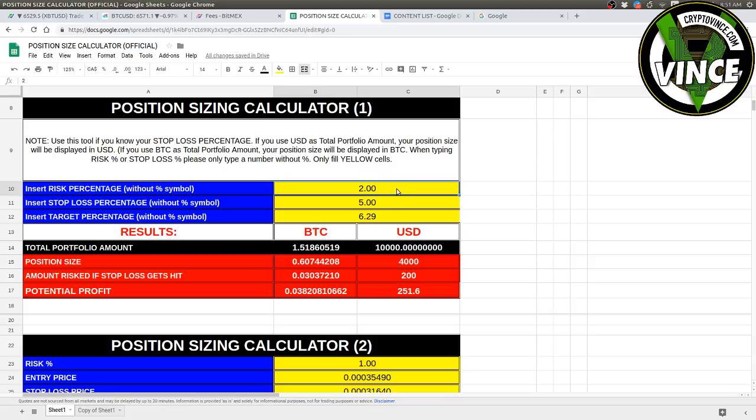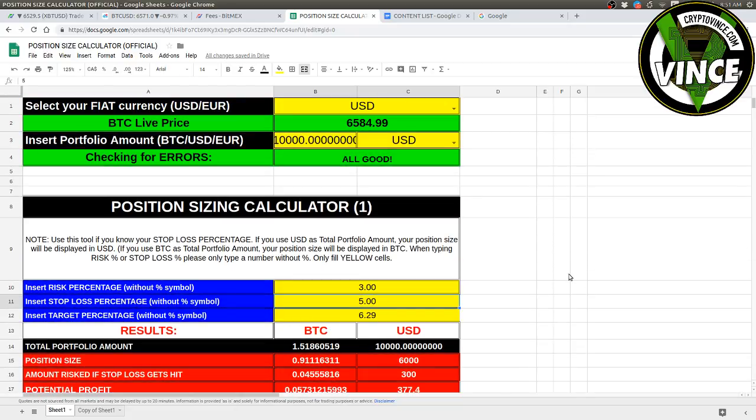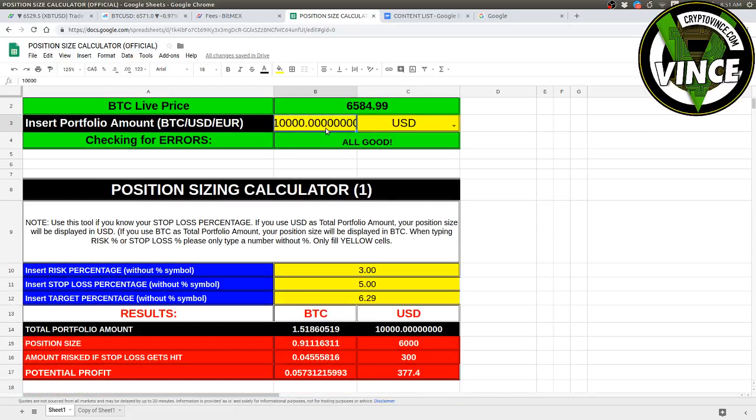You guys can put even a risk of 3% with a stop loss of 5%. Look at this. This is pretty cool to see. My total portfolio is $10,000. I want to risk 3%, which is pretty high. And 3% will make me lose $300 with a very tight stop loss, which is 5%.